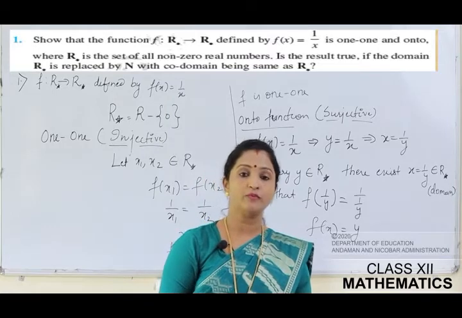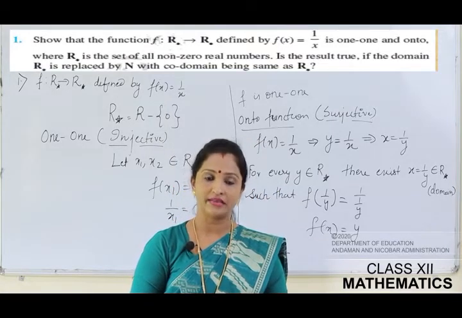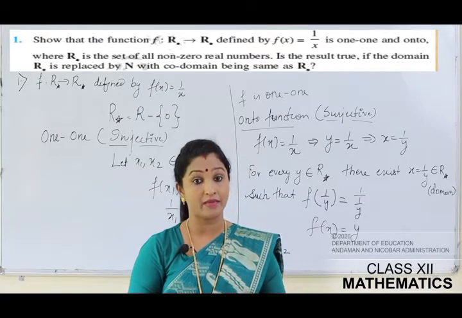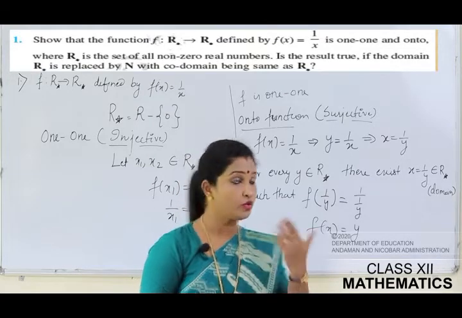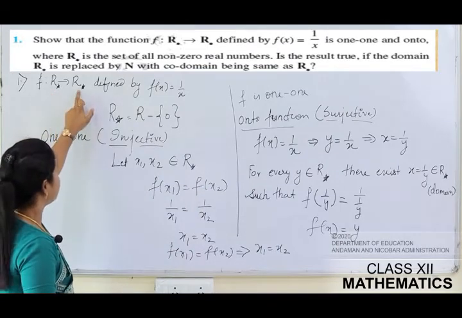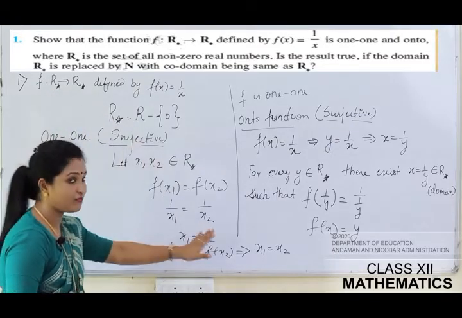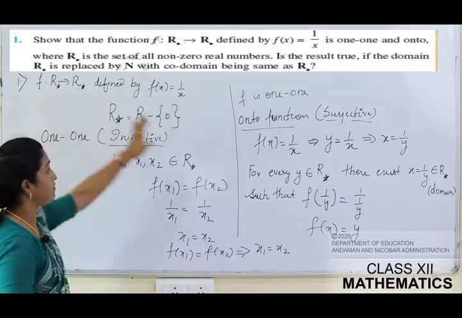Now in this question one more part is there. Is the result true if the domain R star is replaced by N with codomain being the same as R star? That means if you replace the domain by N, the codomain remains as it is, then will the result be the same? That means you can prove whether it is 1-1 or onto.